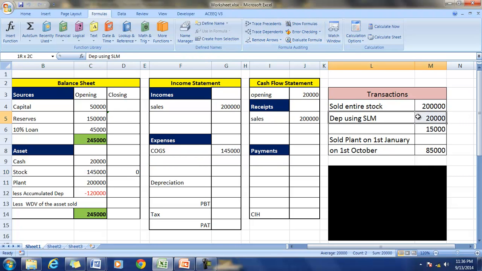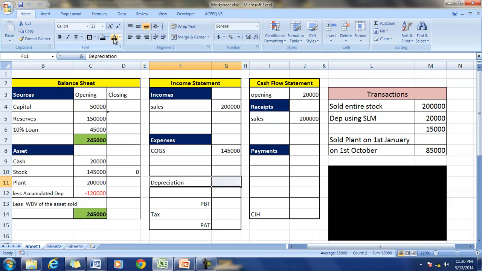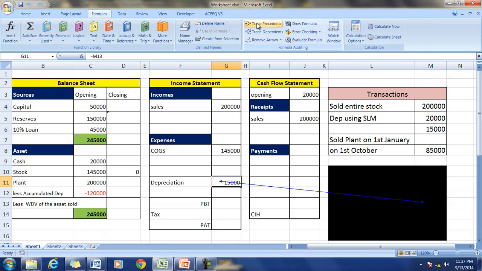Depreciation using SLM, we are going to show the depreciation. However, the plant is sold on 1st October, so depreciation will be charged for a period of 9 months here. So depreciation will be 15,000 because the depreciation is for the period of 9 months, and it is given that depreciation for the year is 20,000.